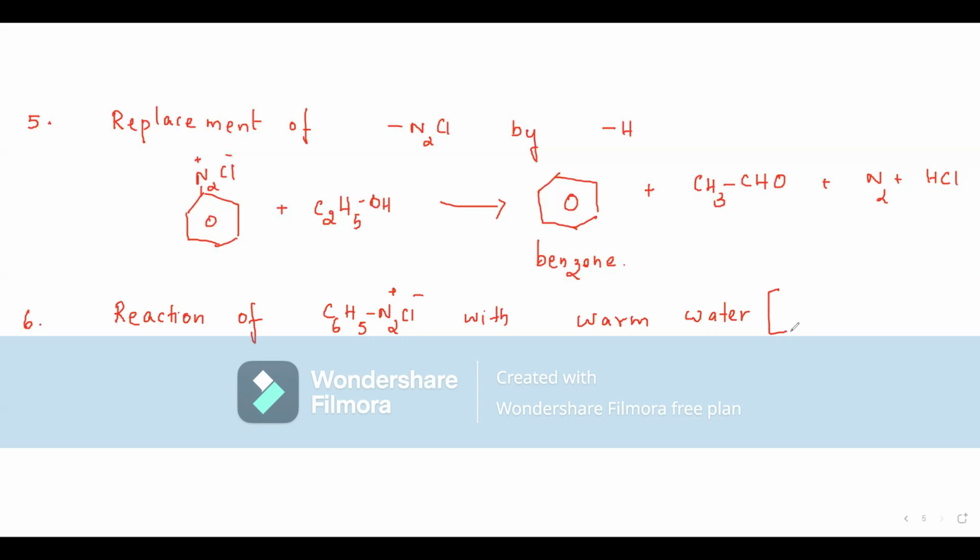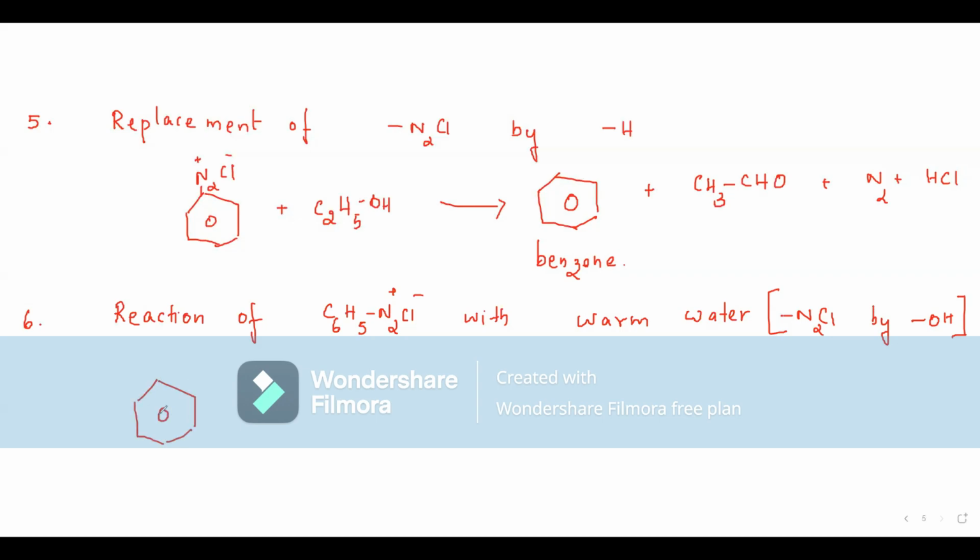In this case, that N2Cl is replaced by OH group. That is, we are preparing phenol here. Let's see how this reaction takes place.